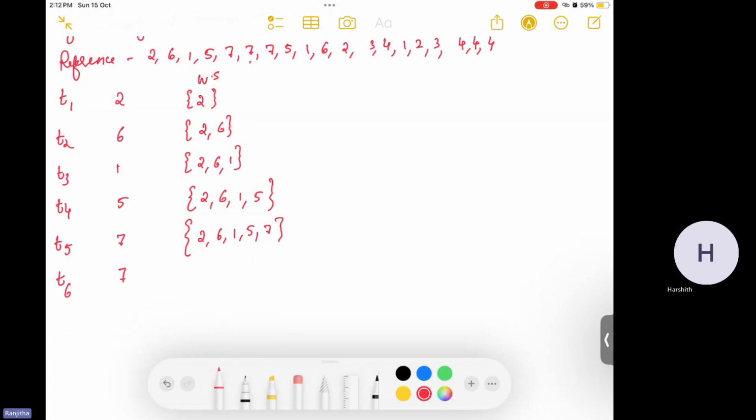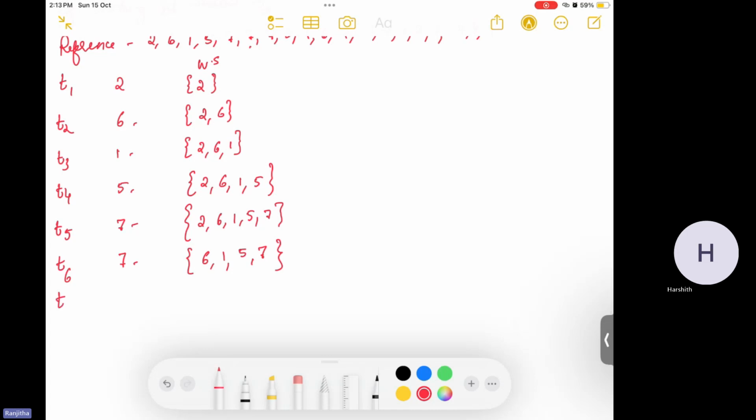So now if we take the last 5 references, it will be 6, 1, 5, 7, 7, so the working set will comprise 6, 1, 5, and 7. So you can see here that since locality came into the picture, the process has been accessing page 7, and the working set now contains only 4 frames.